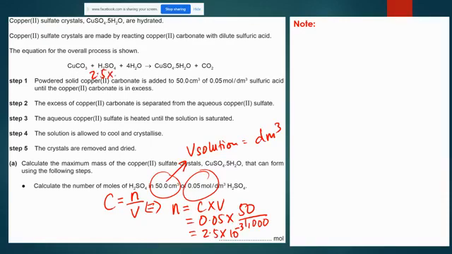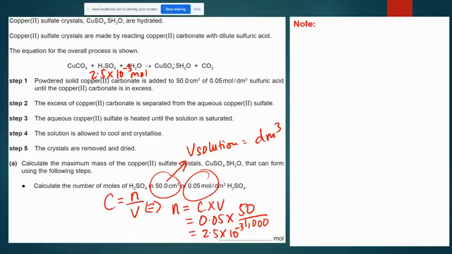It's 2.5 times 10 to the power of minus 3 mole. And now we are asked to find the number of moles of copper 2 sulfate pentahydrate. Use the ratio of reaction coefficient between copper 2 sulfate pentahydrate and sulfuric acid.